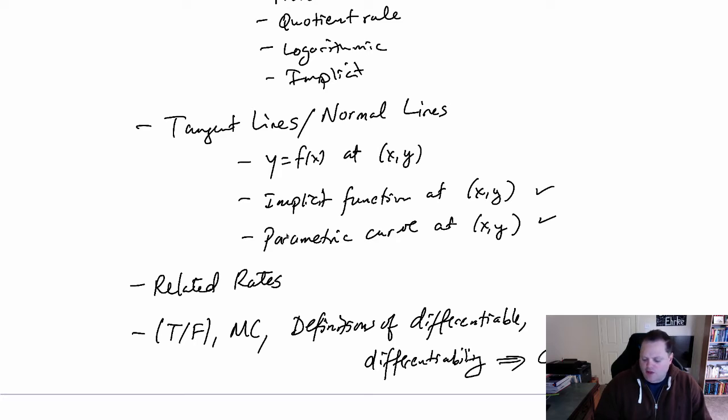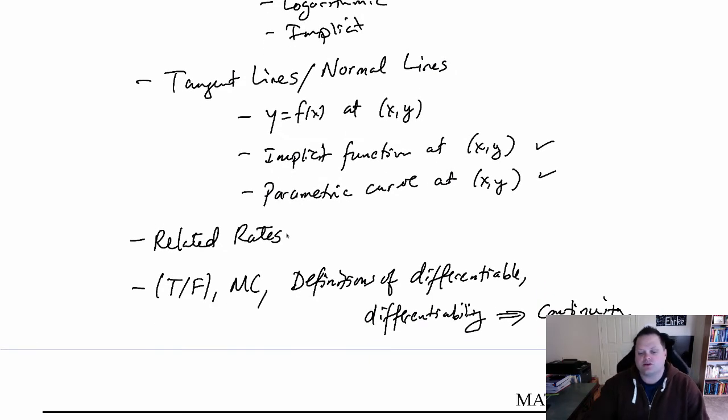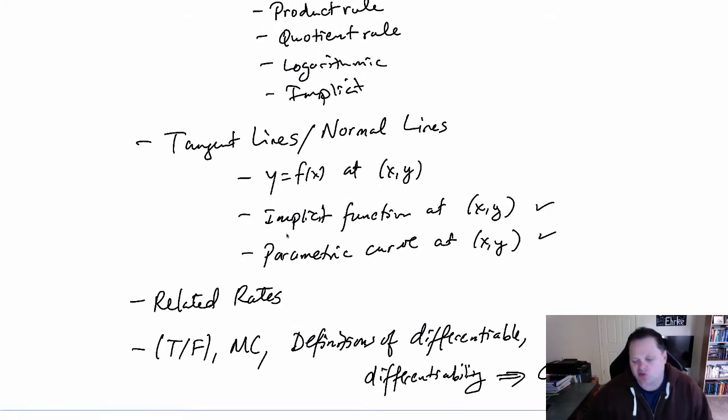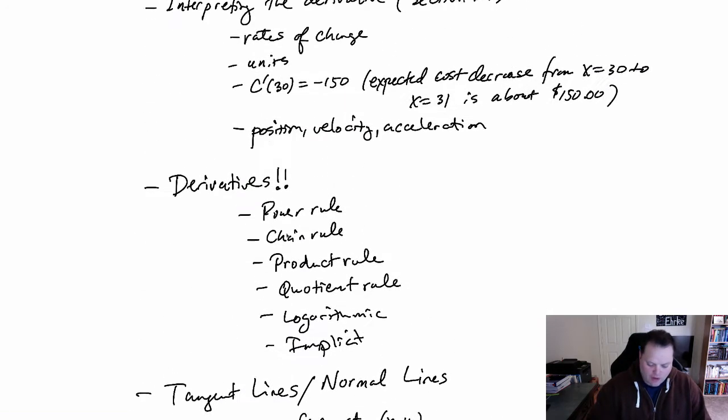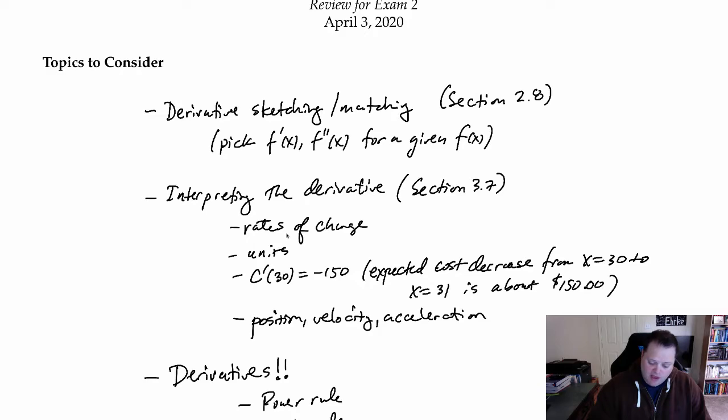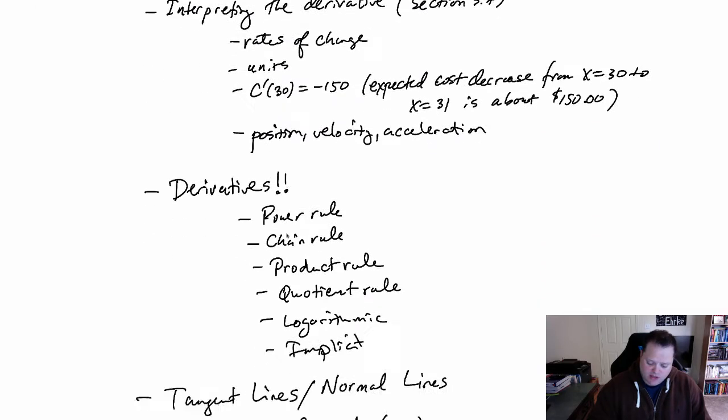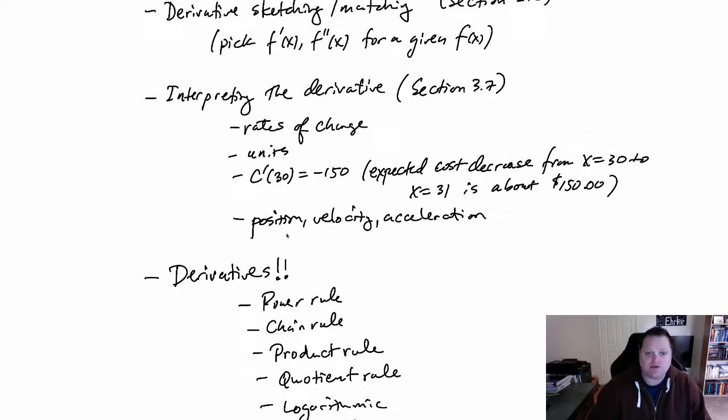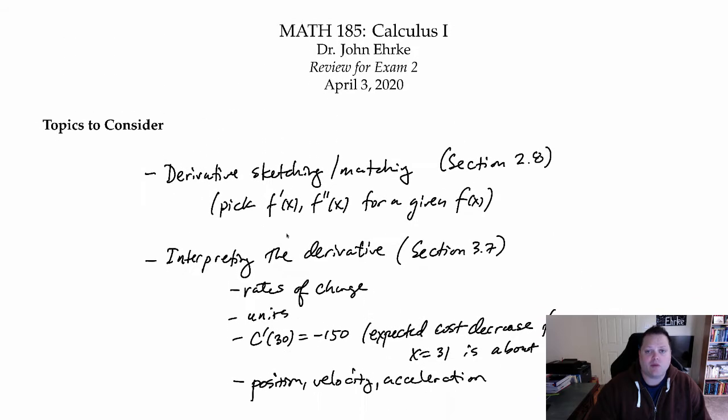Remember, we had a theorem that we proved together about all that. Those kinds of things are also a part of this test, understanding the relationship between differentiability and continuity. Honestly, those are the main things. As I'm sitting here just thinking about what's on the exam, those are the main things for you to go back and look at. But remember, the practice exam and the practice exam page has a thorough listing of all the topics for this exam.